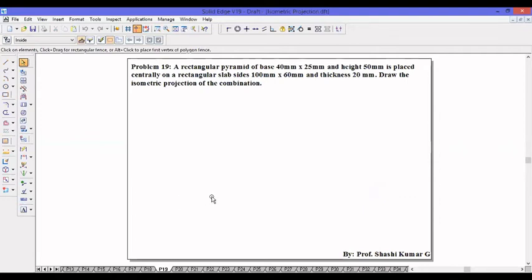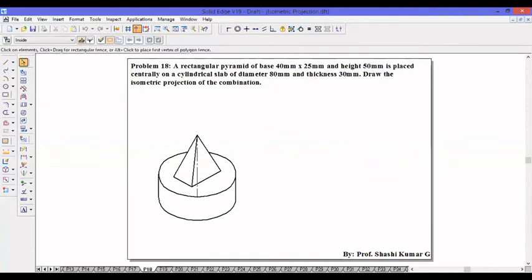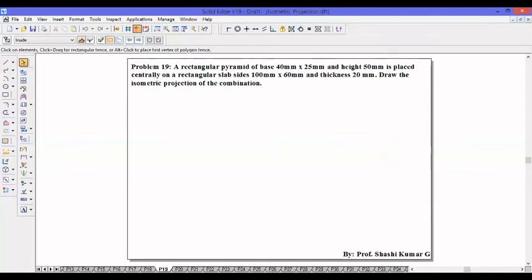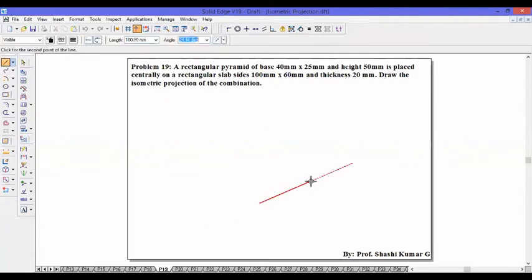Let's move on to the solution for problem number 19. A rectangular pyramid of base 40 by 25 is placed centrally on a rectangular slab of side 100 by 60. So here we have a rectangular slab 100 by 60. So 100, 30, 60, 150, 100 minus 150, then 60 minus 30.